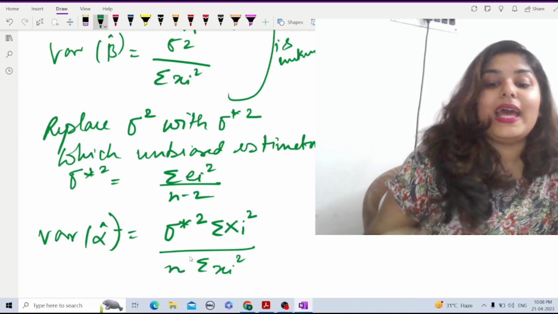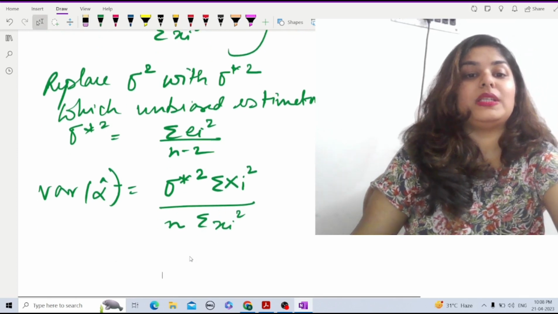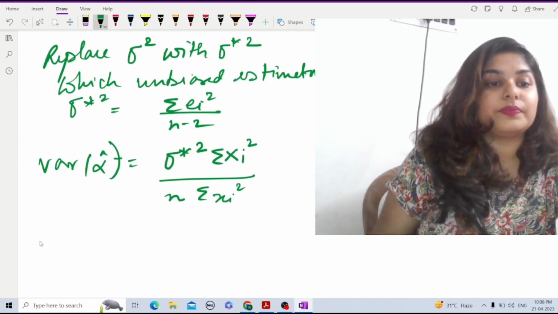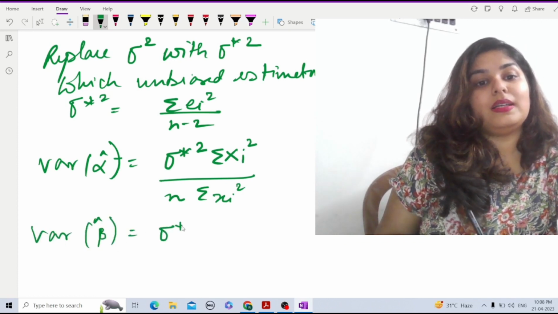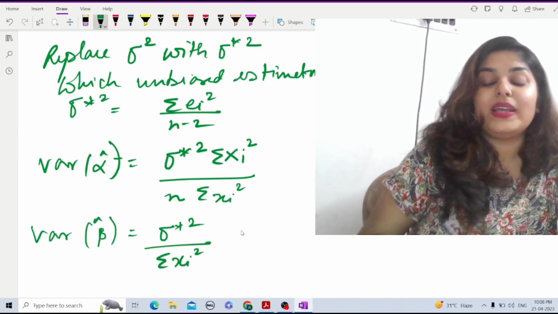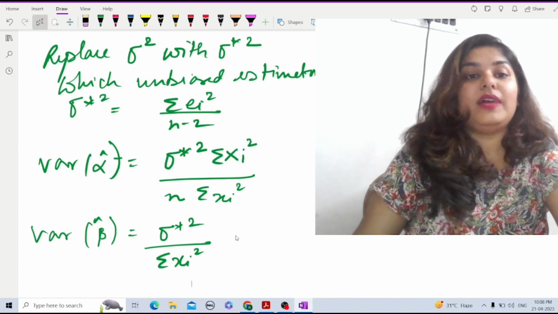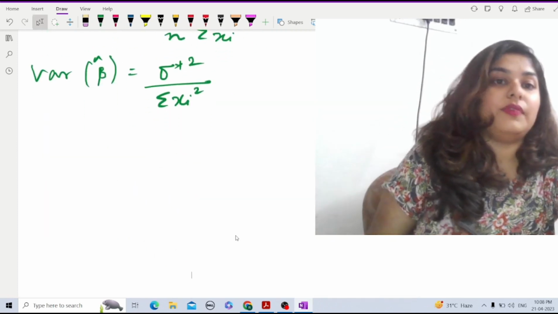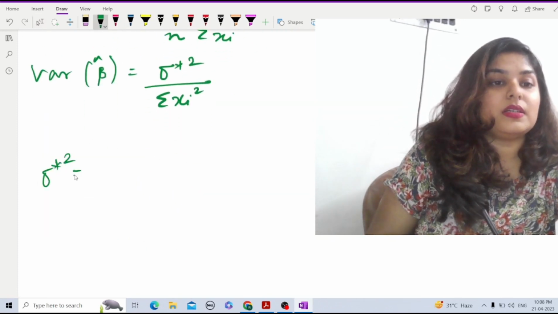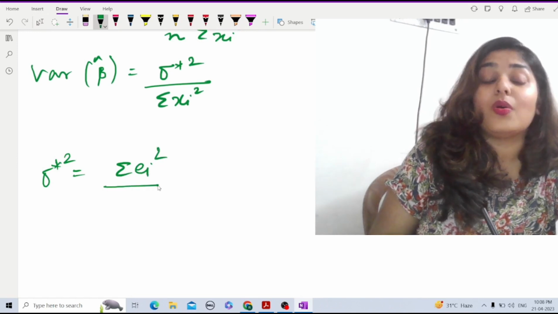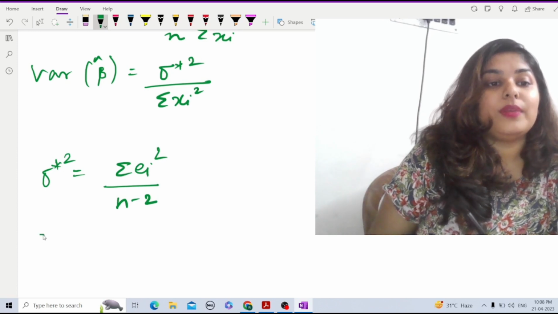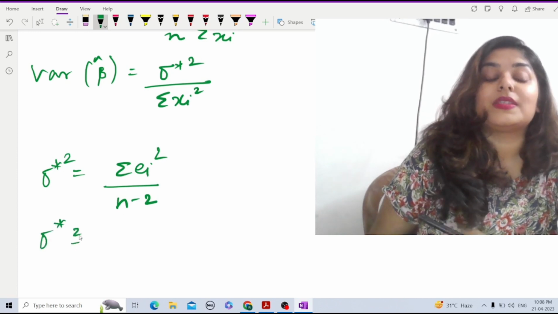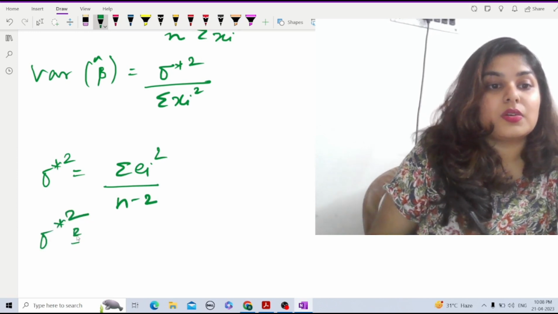And the variance of beta hat can be written as sigma star square by summation small xi square. Perfect. Now let us calculate the value, for which I first need sigma star square, which is summation ei square divided by n minus 2.